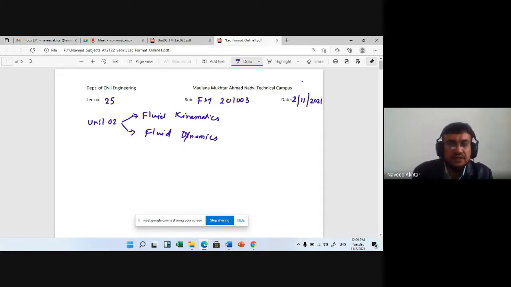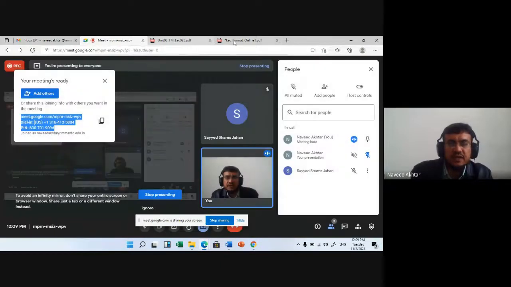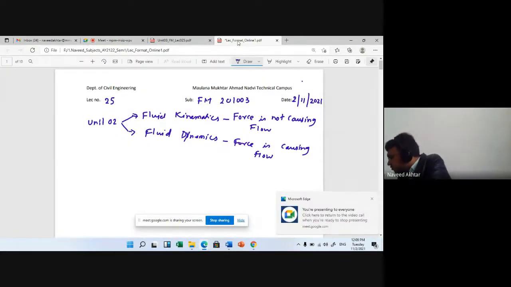In fluid kinematics, force is not considered as causing flow. In dynamics we are considering force as causing flow. That is the major difference between fluid kinematics and fluid dynamics.